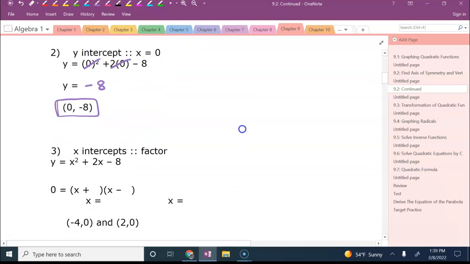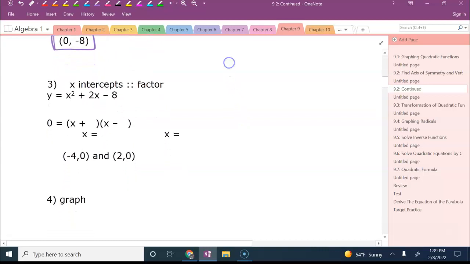Now we're going to add on this next piece, which is to actually find the factors, or to find the solutions of our equation. Remember how I said that y can be replaced with 0, and so you want to think about your factoring, which is what you guys did in chapter 8. Remember, if you need to, set up a little table where you want to multiply to that last number, which is negative 8, and add to that middle number, which is 2. You're trying to figure out what two numbers are going to do both of these things.